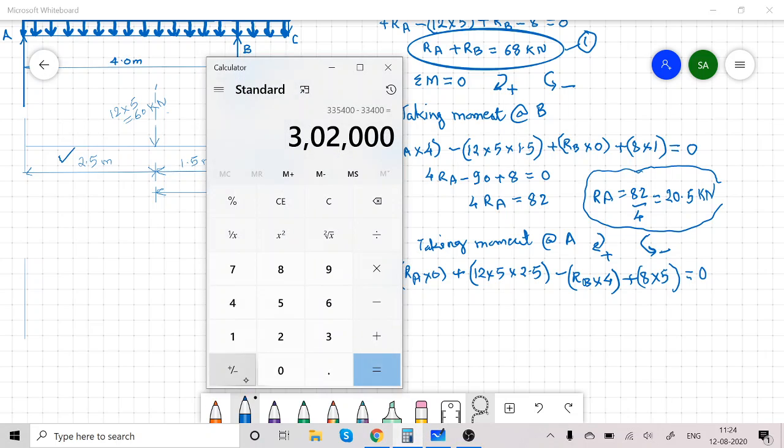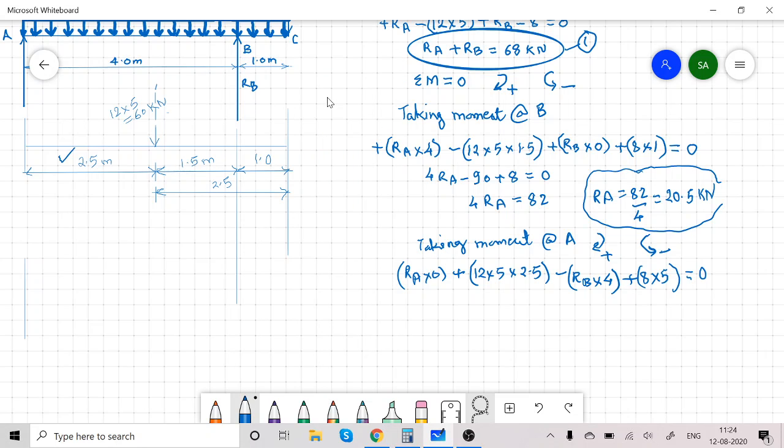Let us calculate 12 into 5 into 2.5. That is 150. So 150 minus 4RB plus 40 is equal to 0.